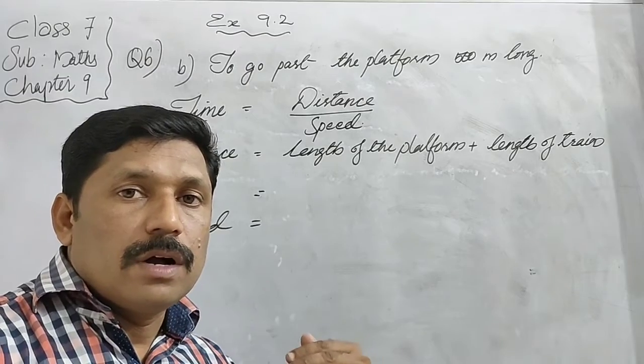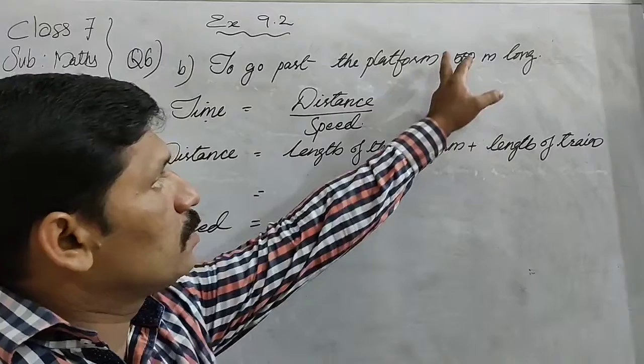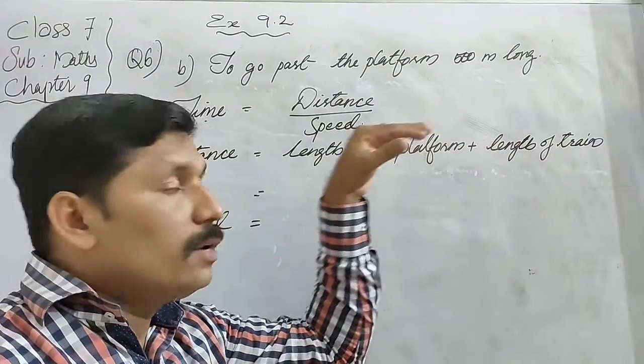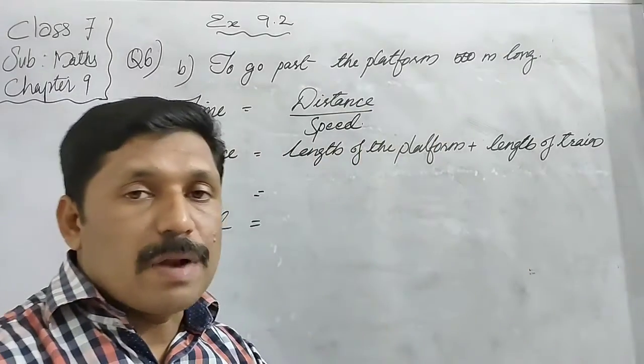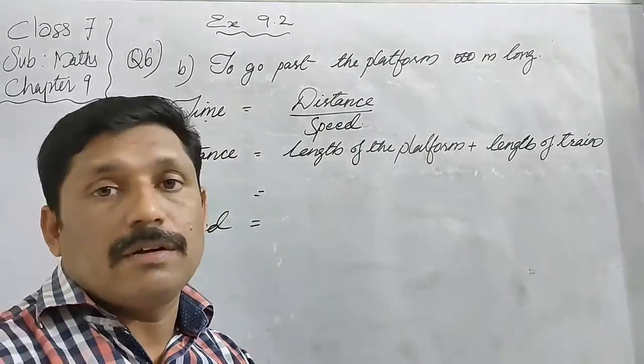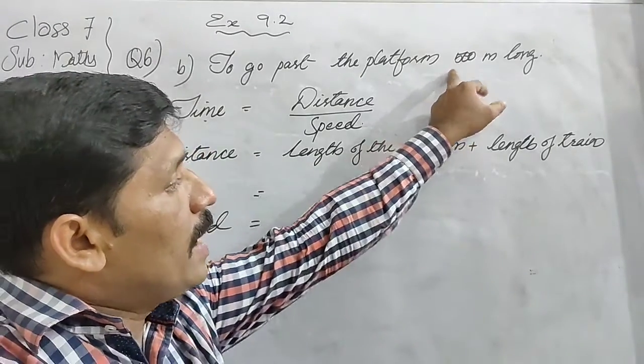In order to pass a platform that is 500 meters in length, a railway platform of length 500 meters, what's the time that the train takes? So time is equal to distance by speed. How much distance does it have to travel? The length of the platform.